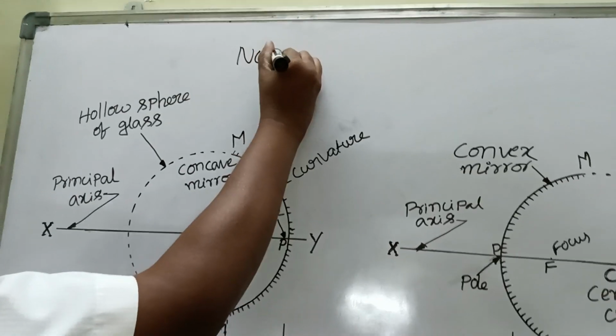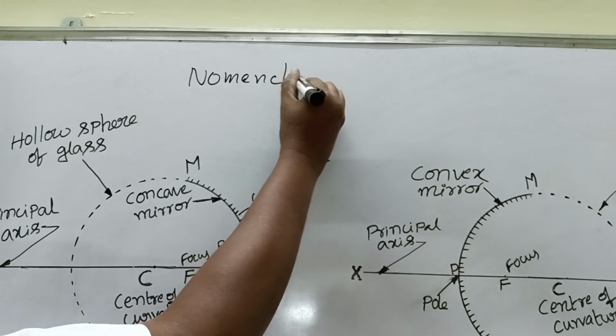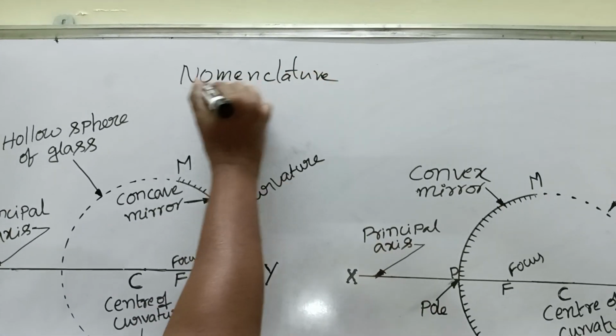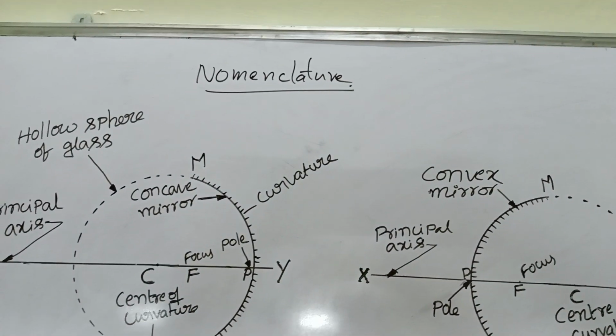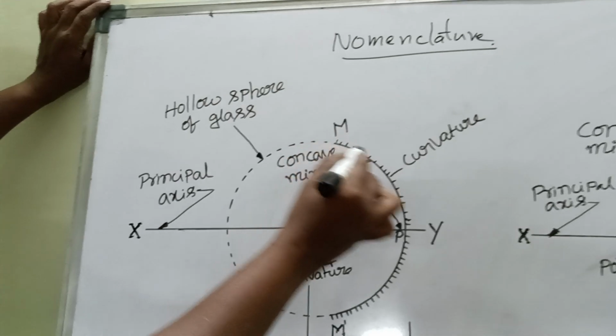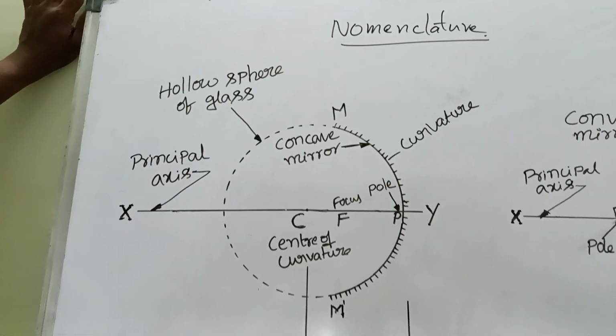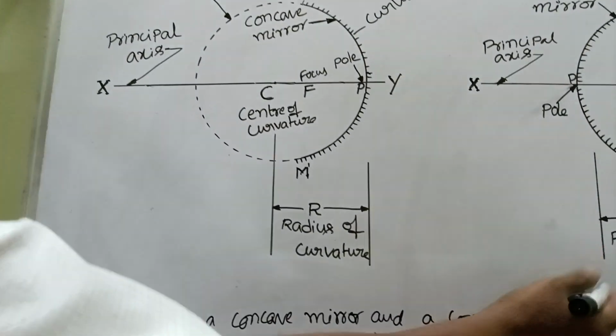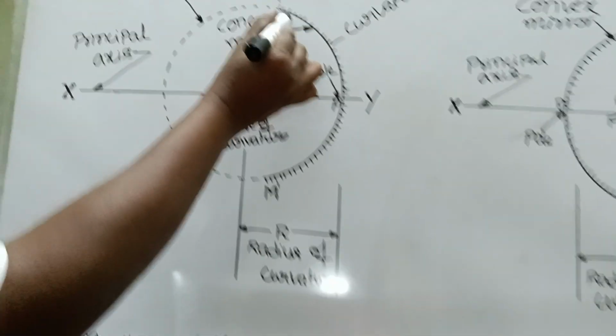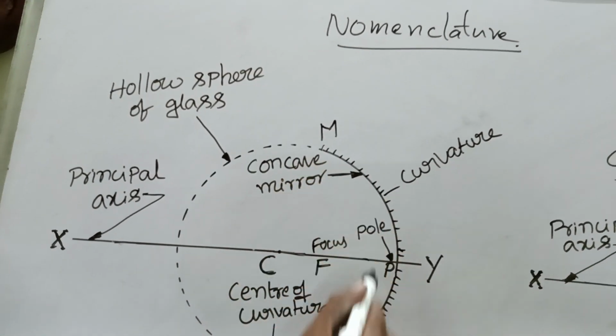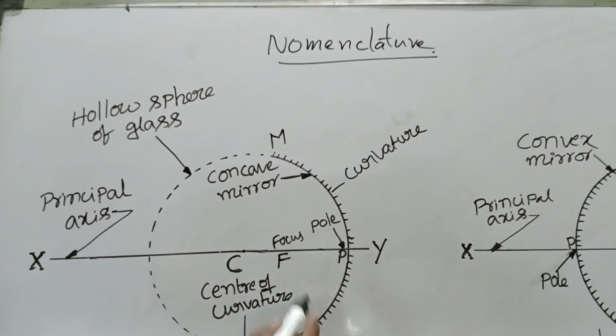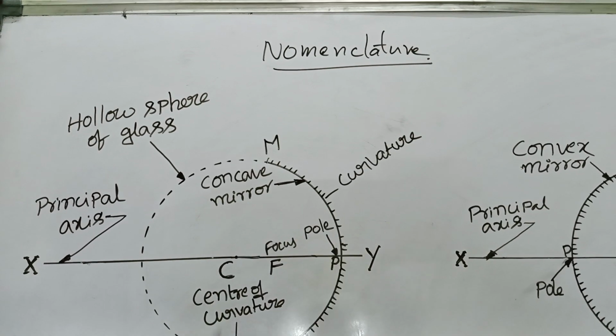Now coming to the nomenclature of spherical mirrors. This is the mirror. Here we have the concave mirror and the convex mirror. Again, the concave mirror is curved inside. This is the reflecting surface, and this is the non-reflecting surface.